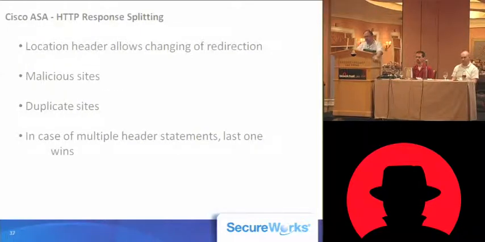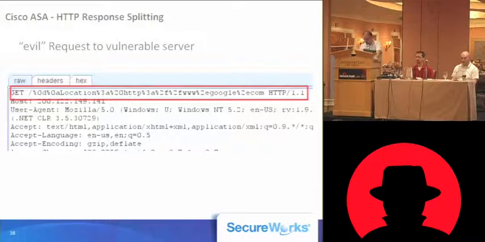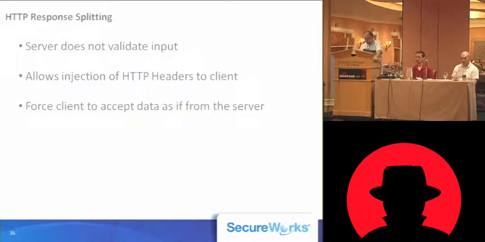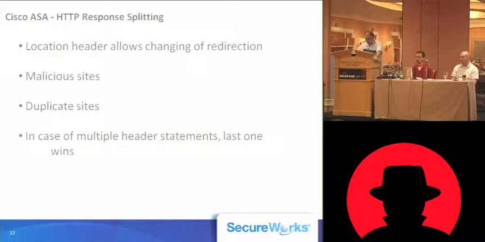When we're using HTTP response splitting, there's one header that is more useful than any of the other ones. That's the Location header. If the HTTP server is already feeding a redirect back to the client, you can change the location field.